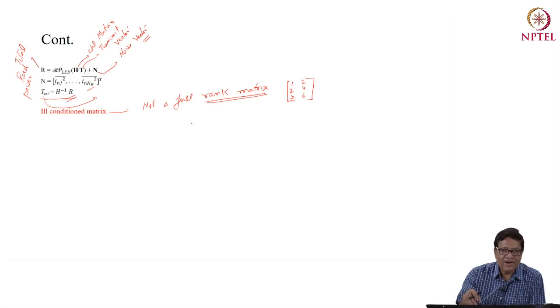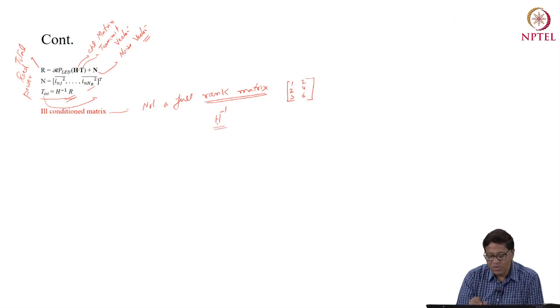So you will find that the matrix which is coming using this concept of non-imaging is generally an ill-conditioned matrix, right? Once you have a matrix that is not full rank, and you try to find its inverse, it becomes difficult.